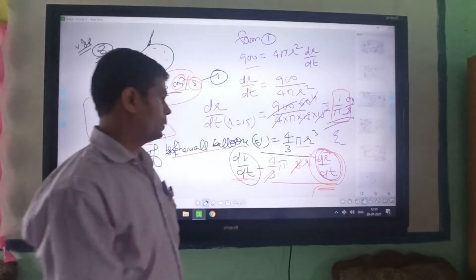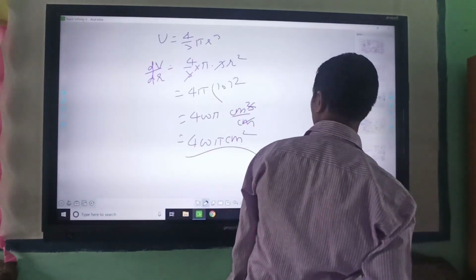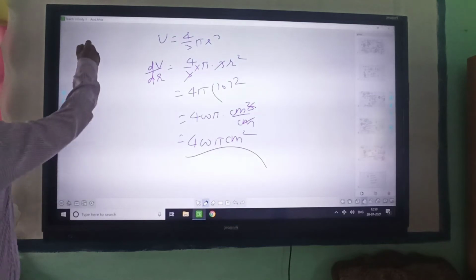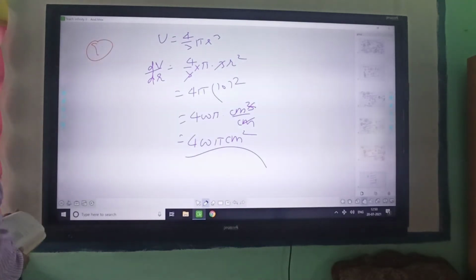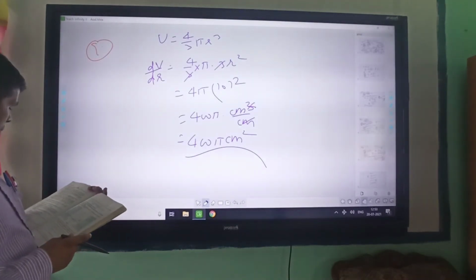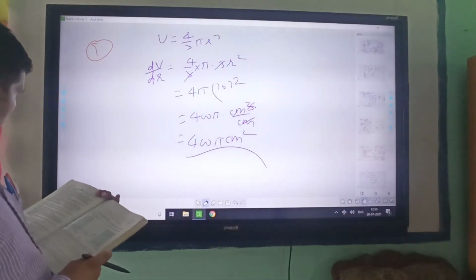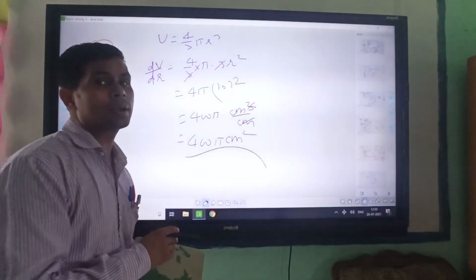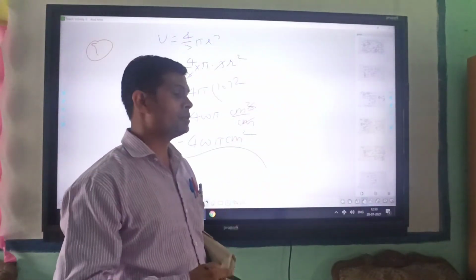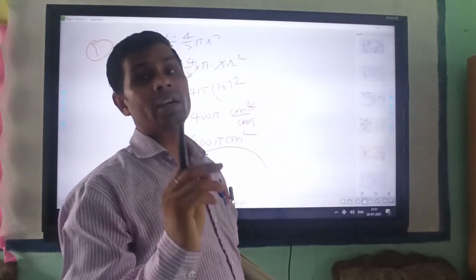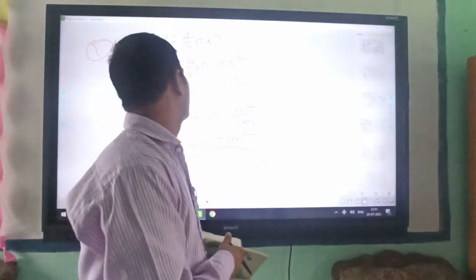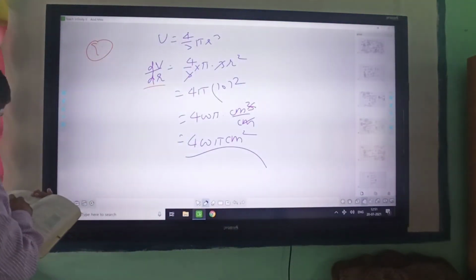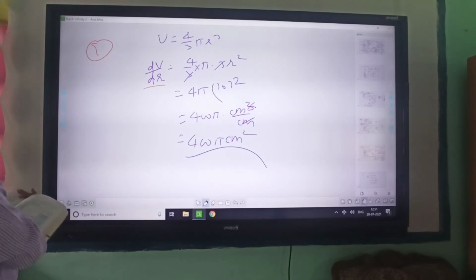One more question you may take here, I think question number 9. In this question the volume is increasing. A balloon which always remains spherical has a variable radius. The meaning of variable radius is that we have to differentiate with respect to r. We have to find the rate at which the volume is increasing.